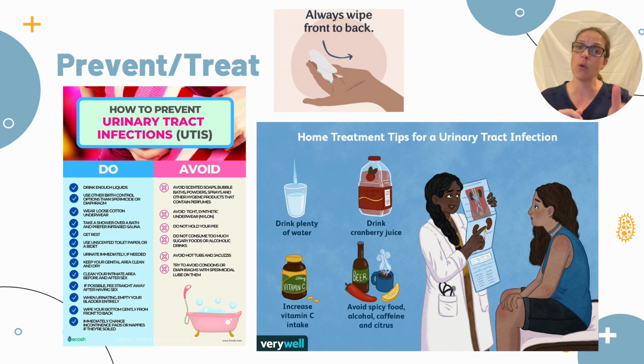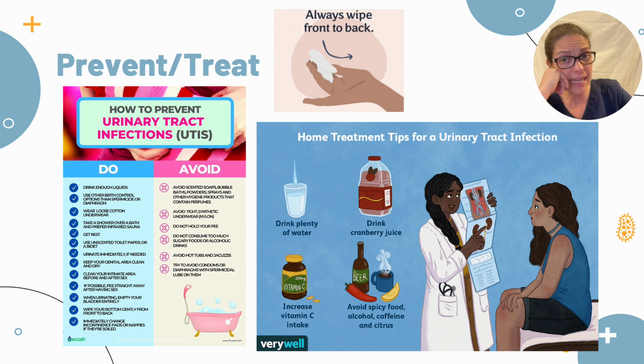And if not, they'll call you in a new antibiotic. And they're going to tap on your back to make sure it's not got into your kidneys. And sometimes they're also going to give you some other medication that will help to ease the symptoms. But big thing, drink water, lots of water always, stay hydrated, and at the first sign of it.